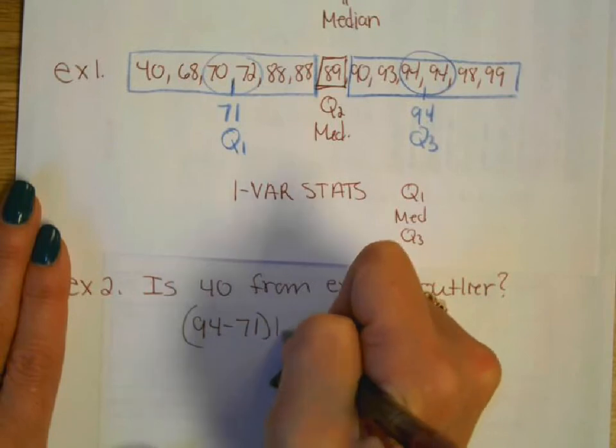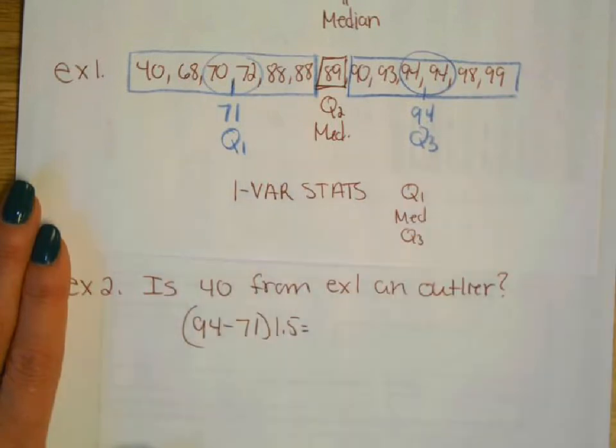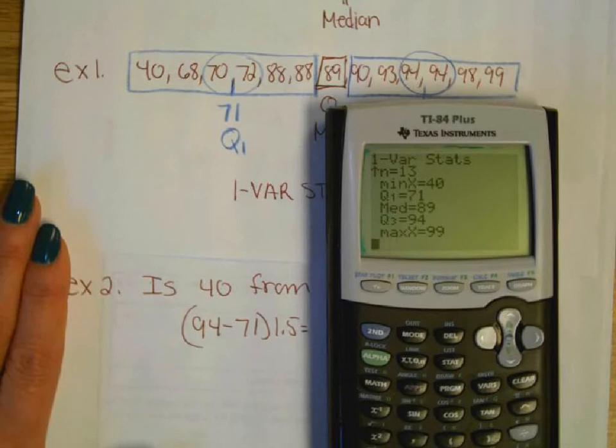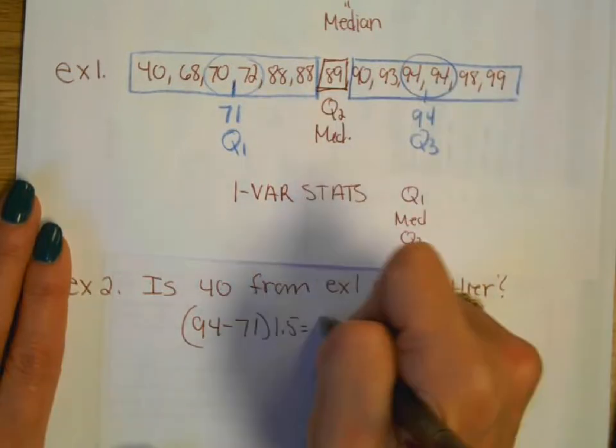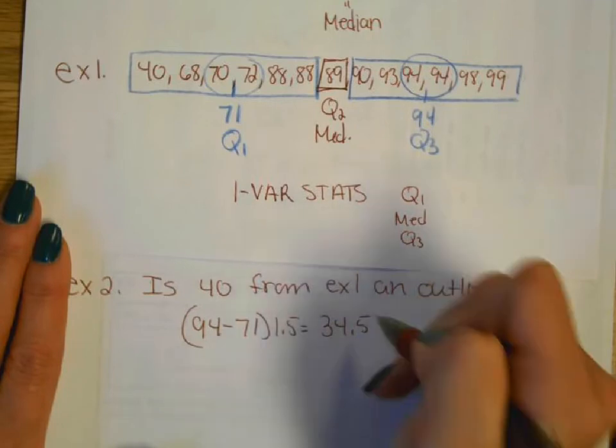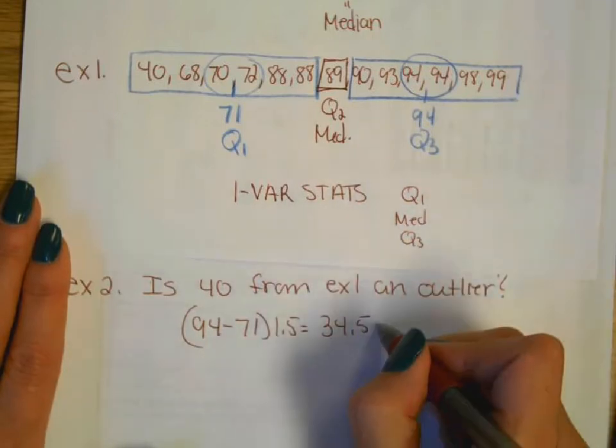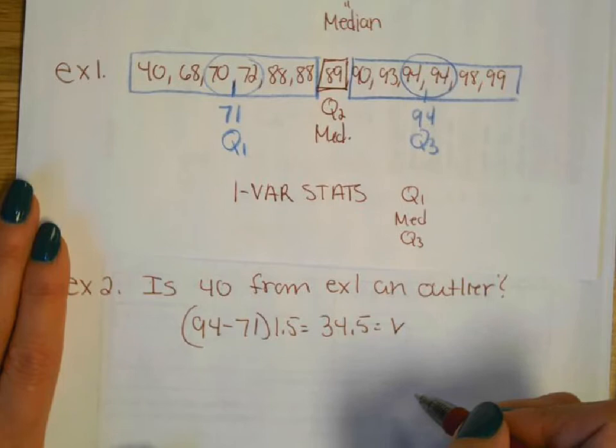And multiply that by 1.5. 94 minus 71 times 1.5 is 34.5. Okay, so that's my V in my formula I gave you above, or in my steps above.